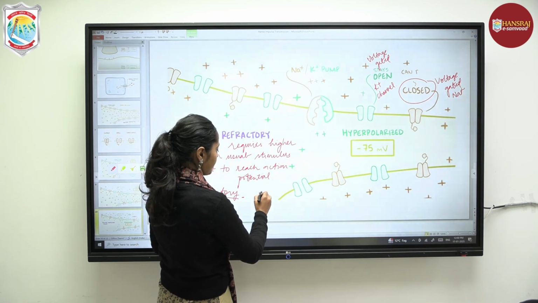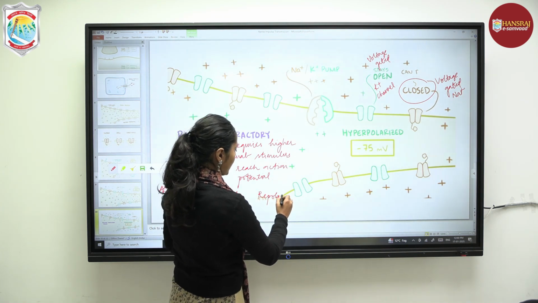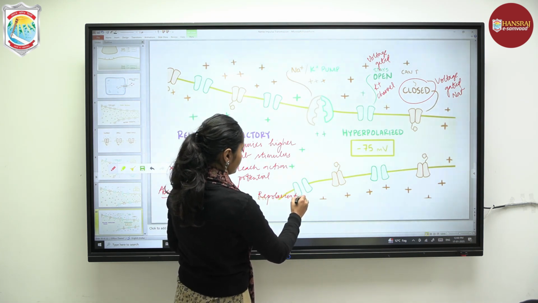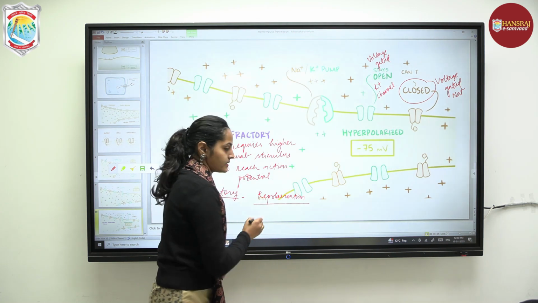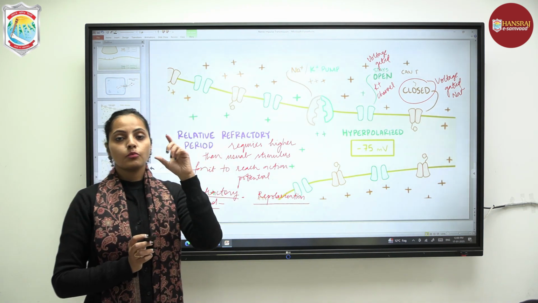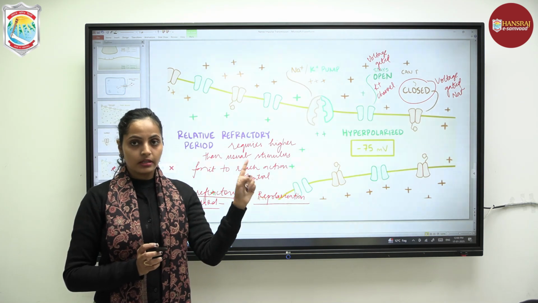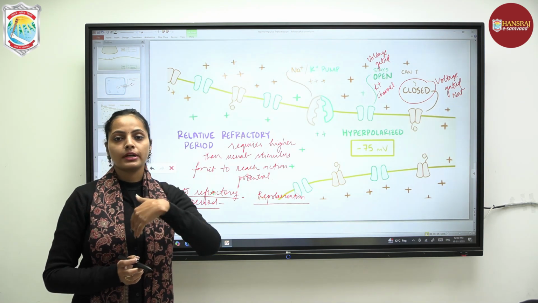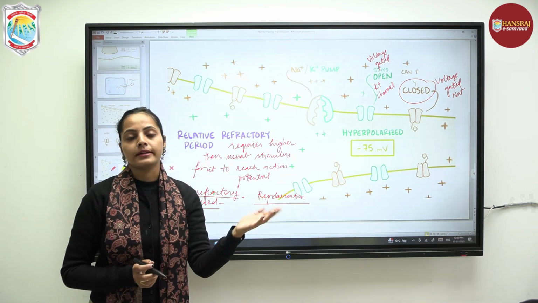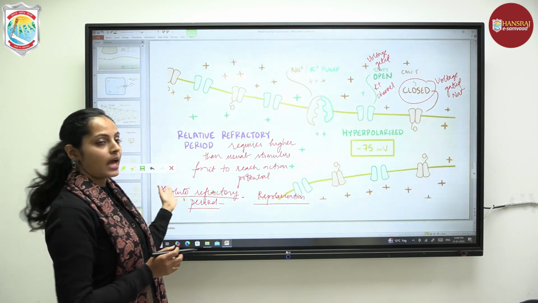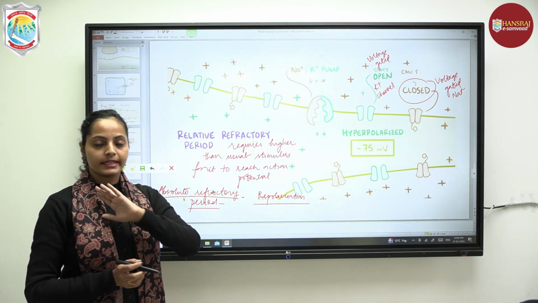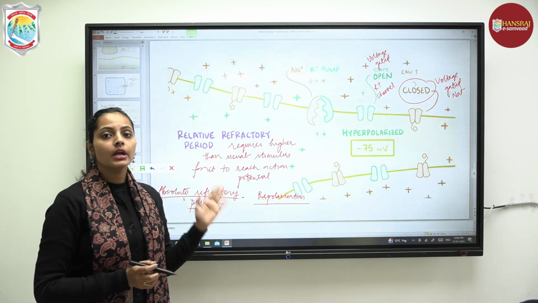So this happens during repolarization. So during repolarization, because the voltage gated sodium channels are inactivated, they cannot open and the sodium cannot come in and it cannot be stimulated. Therefore, we say that the membrane is in absolute refractory period because it cannot fire an action potential during that time.